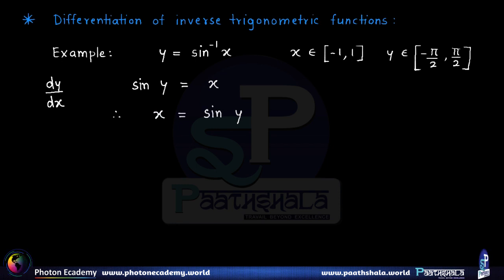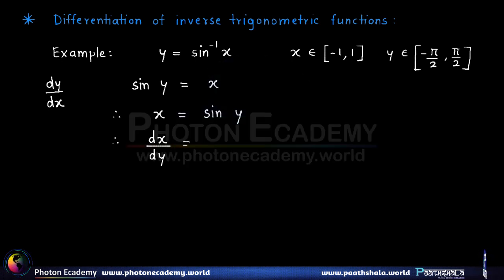Now here if we visualize x as a function of y, then definitely it's a very straightforward function, and suppose we want to differentiate x with respect to y, that is dx/dy. On the right hand side, the derivative of sin y is simply cos y, as we already know. So therefore we get dx/dy as cos y.